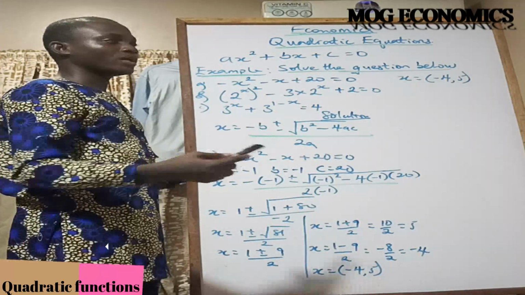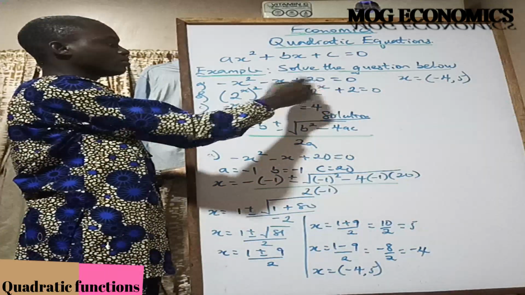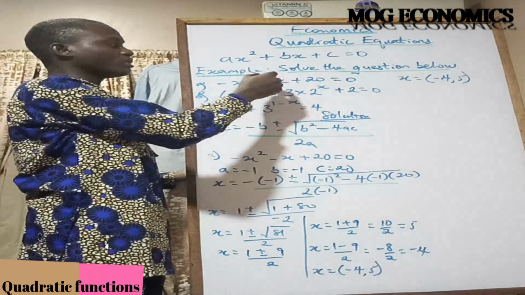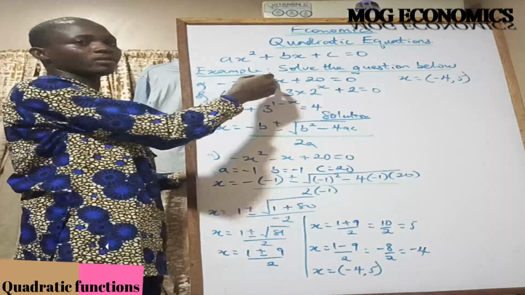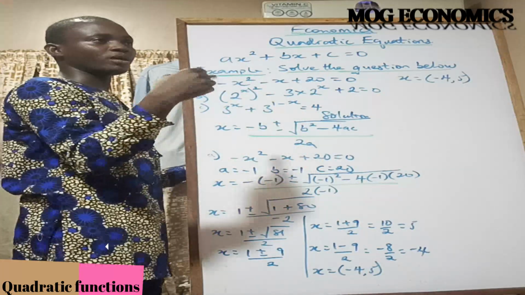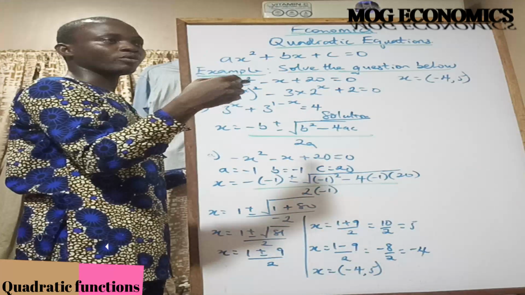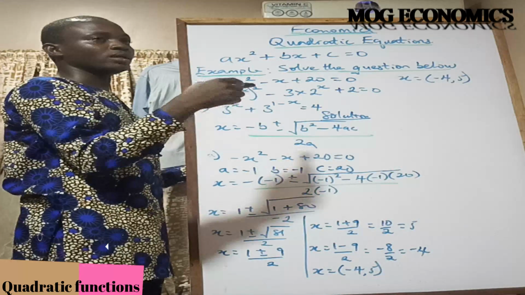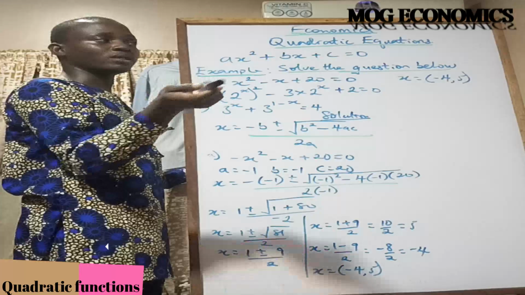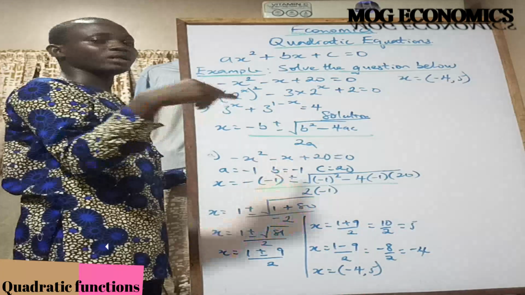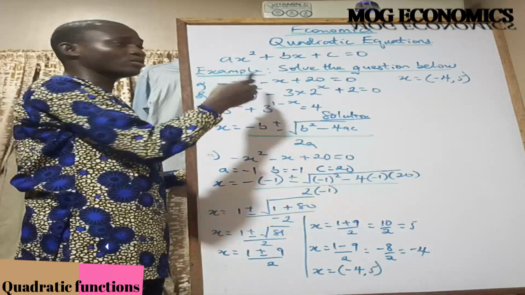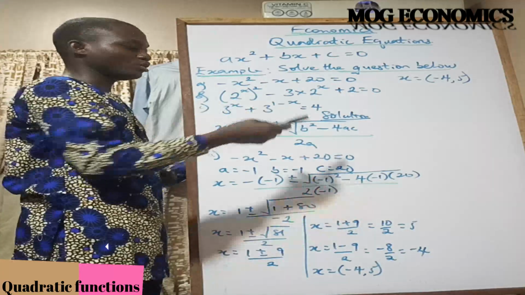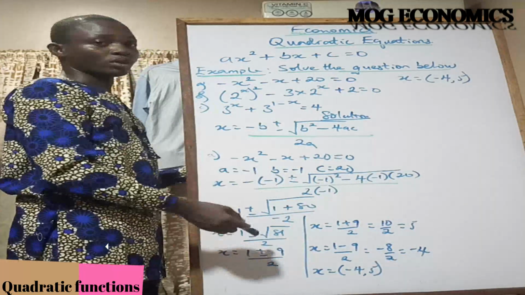So let's say here we had minus 20x squared, but in this place I have minus 11x. If I multiply 4 by 5, I'll get 20, but 4 plus 5 will never give me 11. Then 10 times 2 can give me 20, but there's no way 10 minus 2 or 10 plus 2 is going to give me 11. So in such situations, just jump and use this formula.